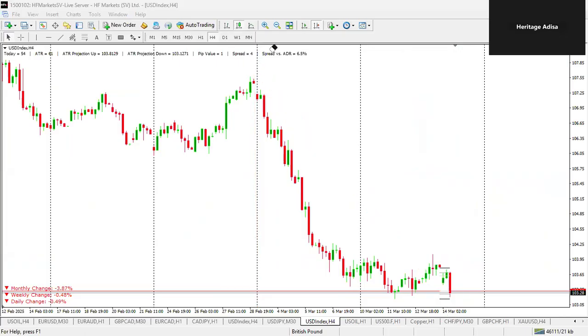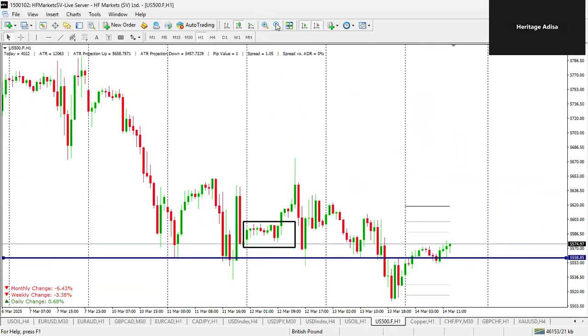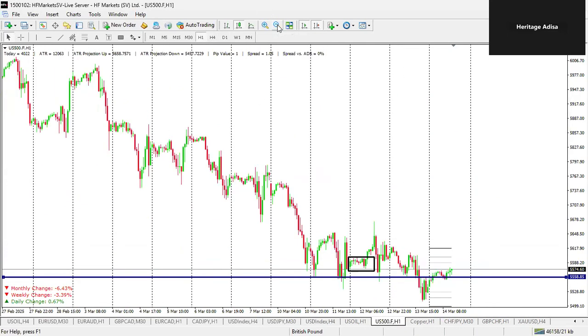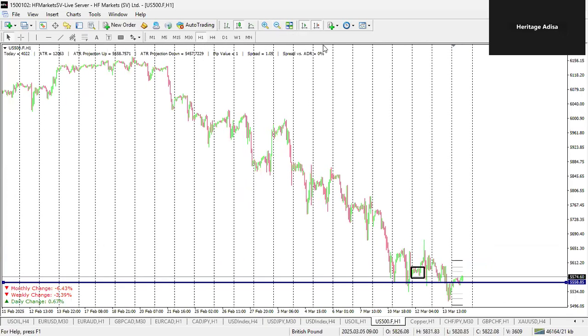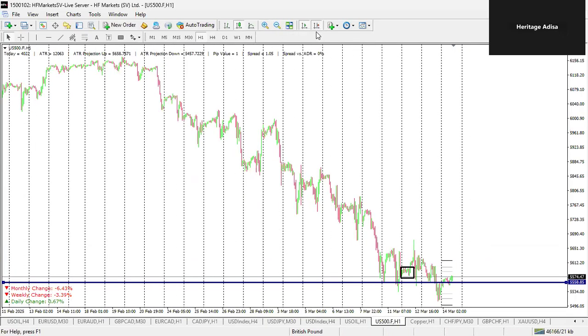And you can also see that in what people think about the US stock market. The US stock market has also been down since the 28th of February. It's a true reflection of what people actually think about the US economy right now.